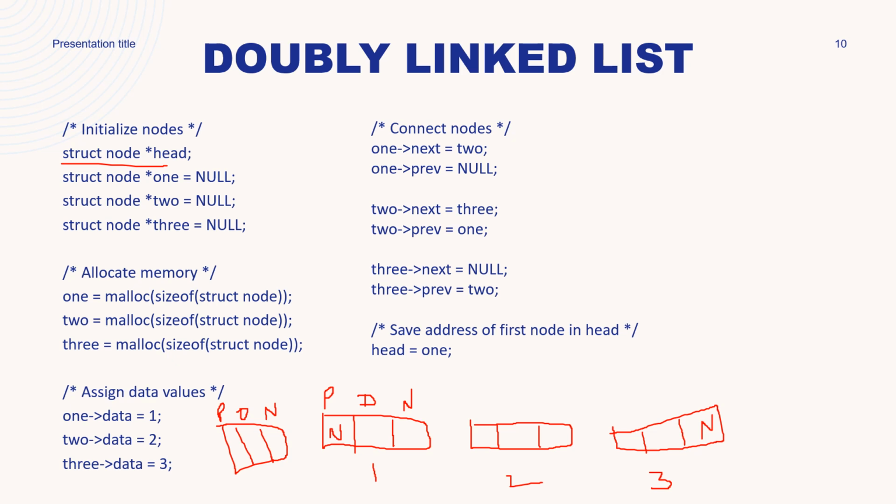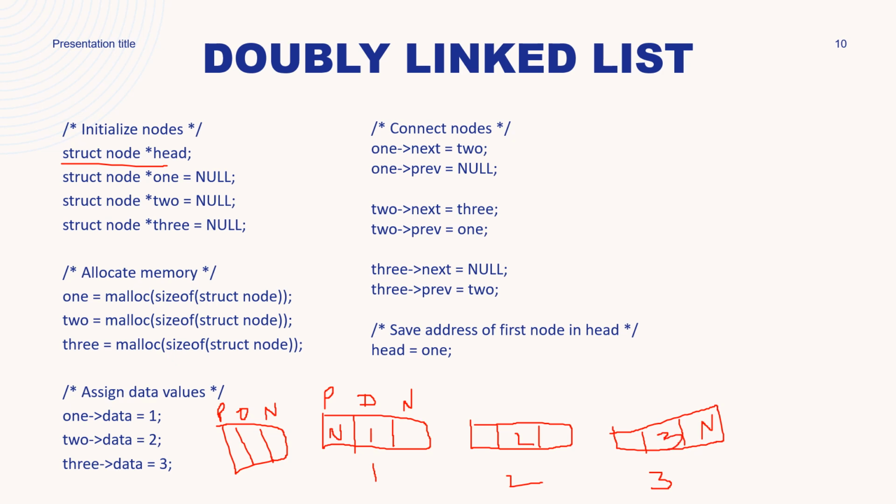After that, we allocate the memory for all of these. Then we assign the data value to each node: the first value is assigned to this node, the second value to this node, and the third value to this node.